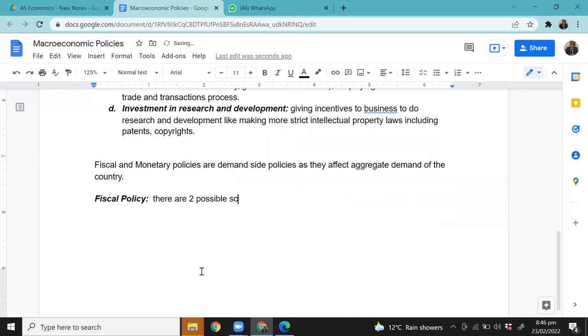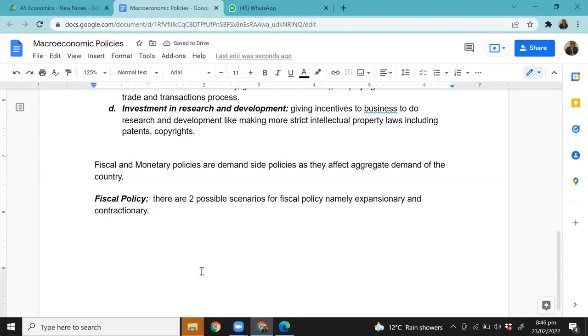Possible scenarios for fiscal policy, namely expansionary and contractionary. Now, if any of you know already, feel free to contribute.